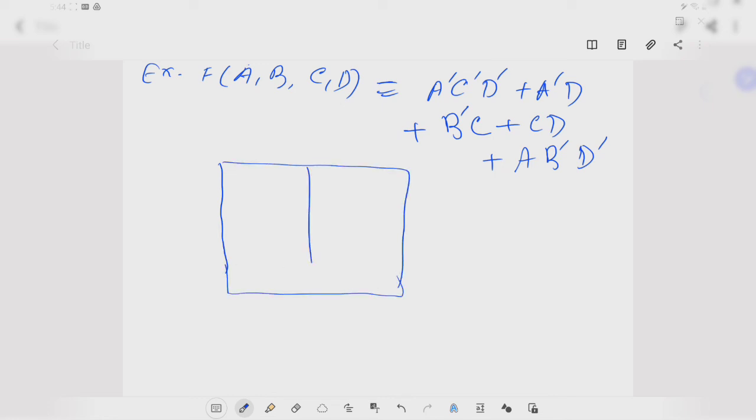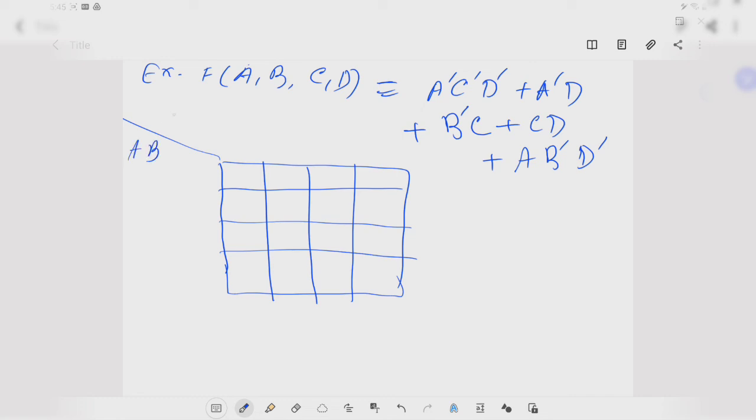Let's say a 4 variable K-map, and on one side we have AB, on the other side CD: 0 0, 0 1, 1 1, 1 0 for each. For the first term we have A prime, C prime, D prime. It means A is 0, C is 0, D is 0.